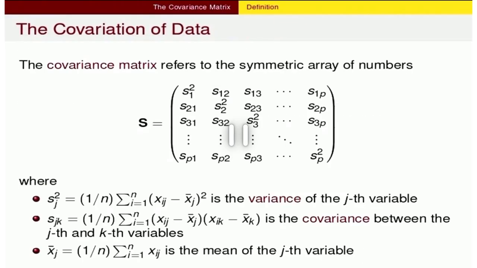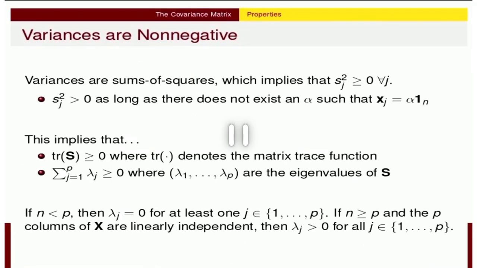The trace of a covariance matrix is adding all the variances together. The trace of a matrix is adding the elements occupying the diagonal of the matrix. Here we're adding the variances, and it must be either 0 or greater than 0. That's what we mean.